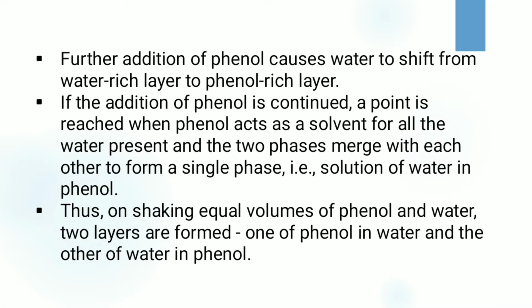If the addition of phenol is continued, a point is reached when phenol acts as solvent for all the water present and the two phases merge to form a single phase, that is a solution of water in phenol. Thus, on shaking equal volumes of phenol and water, two layers are formed, one of phenol in water and the other of water in phenol.